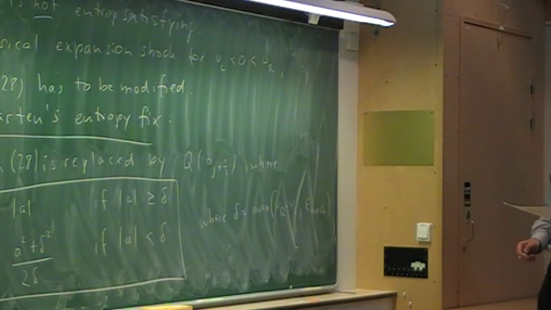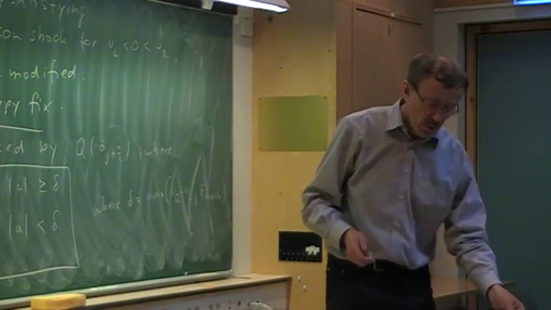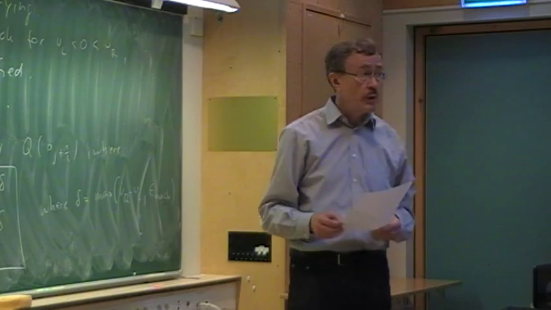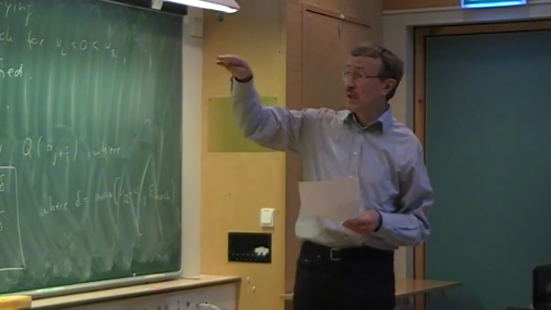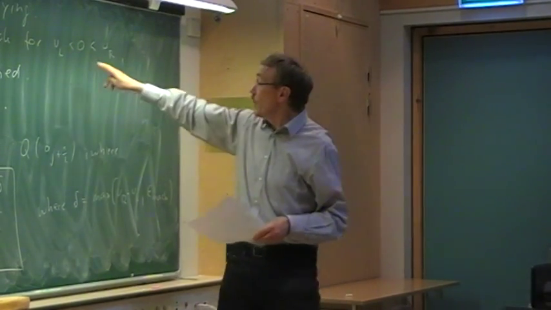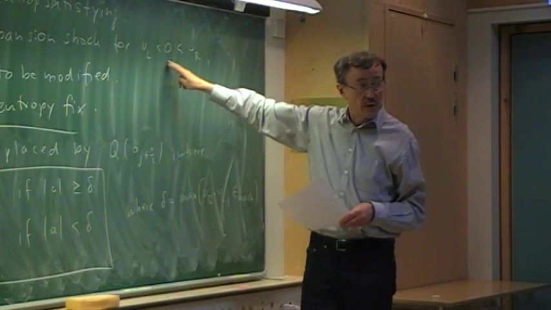Okay, so that is the entropy fix that I implemented to get rid of this. But in many situations you don't need it. You need it when you have something lower on the left than on the right, and then it is critical.